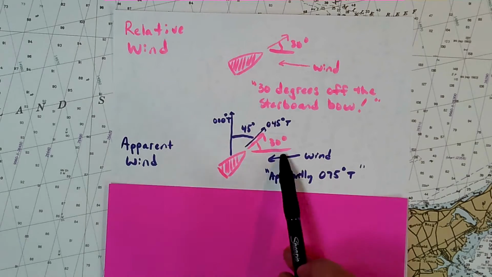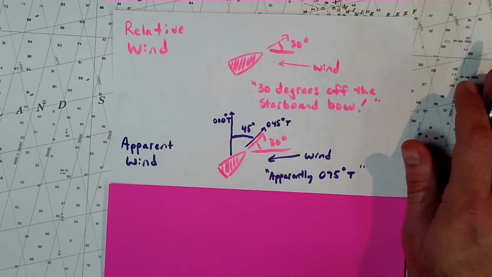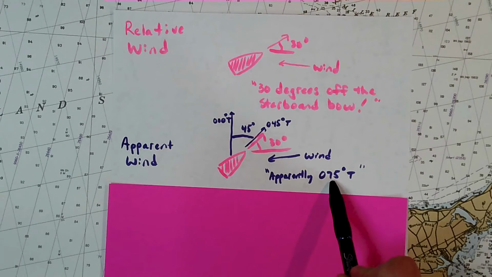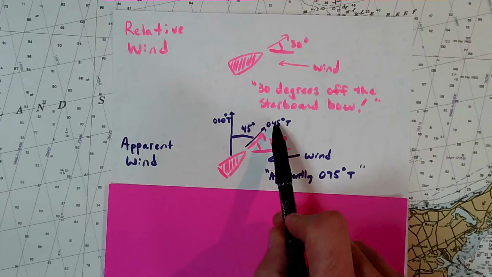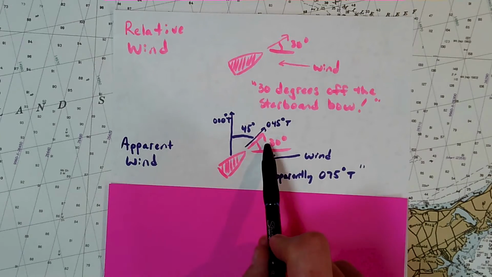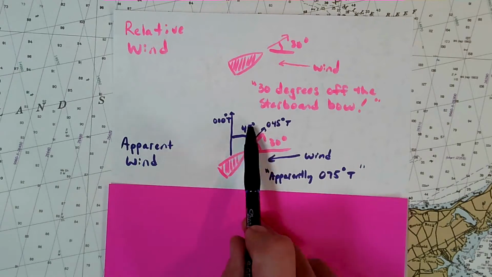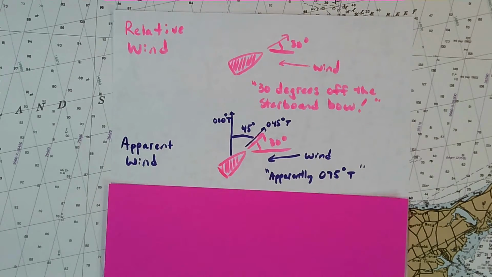So in this case, you're overlaying your ship onto a compass or a map of the world, and you can see that the wind is coming from a real compass direction of 075 degrees true. It all depends on your heading and the relative wind. So the relative wind feeds into the apparent wind when you add your course into it.